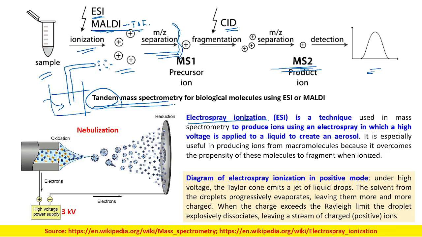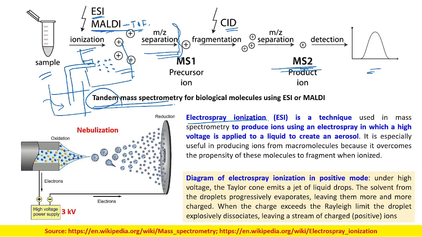Now this aerosol, what is it? They are small droplets, but they are still liquid. Now you can apply a hot environment over here where your solvent will be evaporated, but the process will not be very fast.